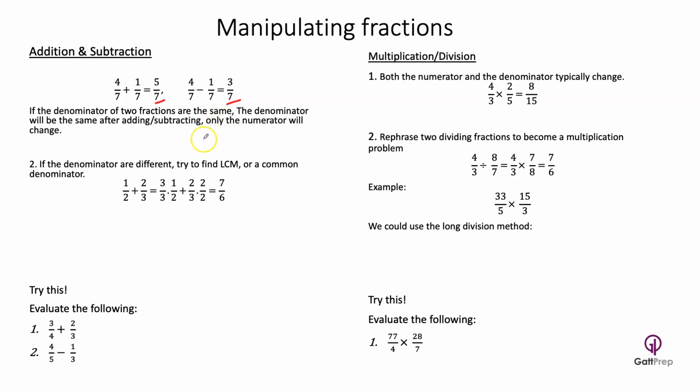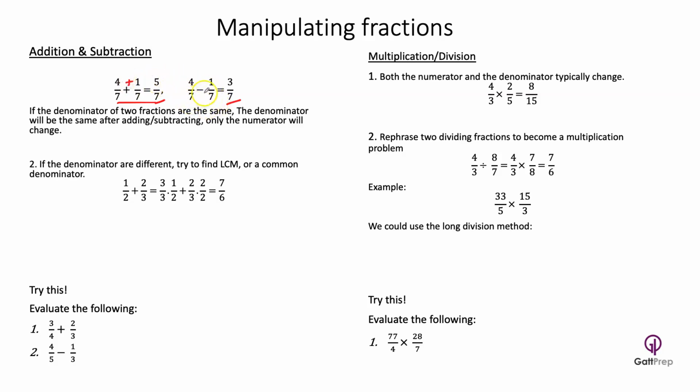Now essentially, if the denominators of the two fractions are the same, the denominator will stay the same. After adding or subtracting, only the numerator will change. If you look at these scenarios, 4/7 plus 1/7, the denominator will be the same, and all you have to do is add the numerators, 4 plus 1, and you have 5.